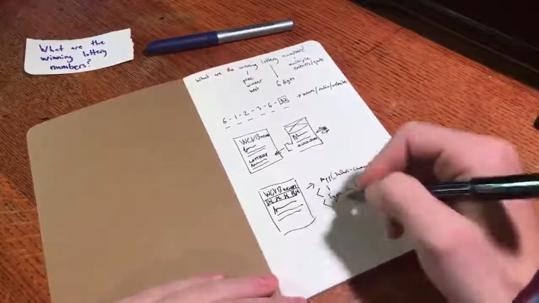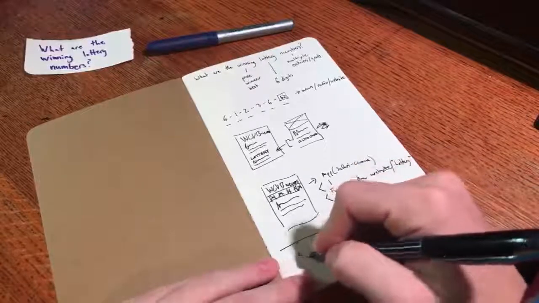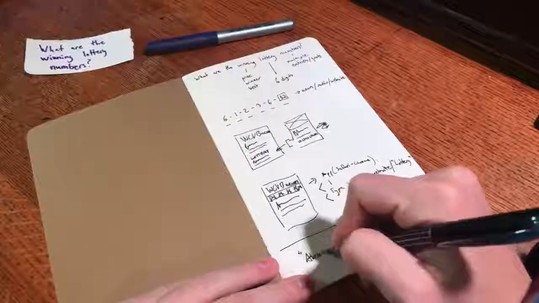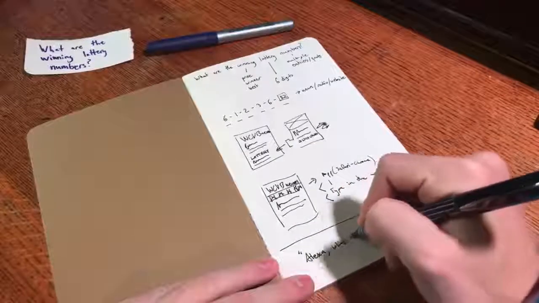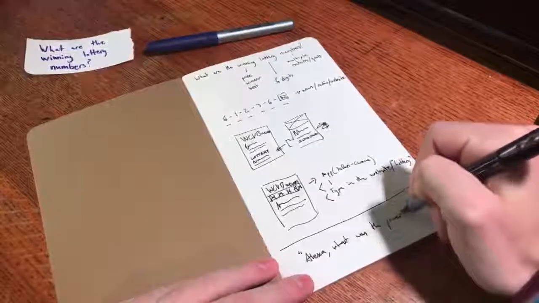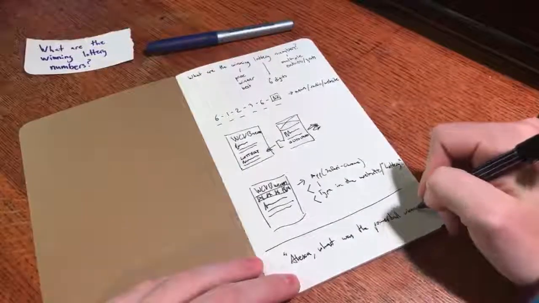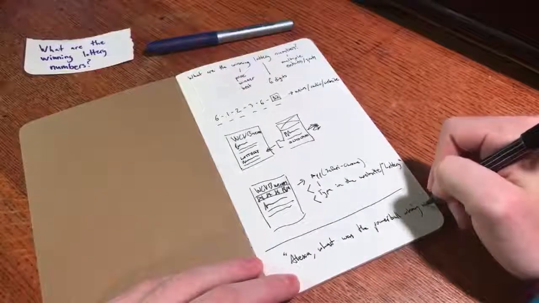So the idea that I want to do is something like, Alexa, what was the Powerball winning number?